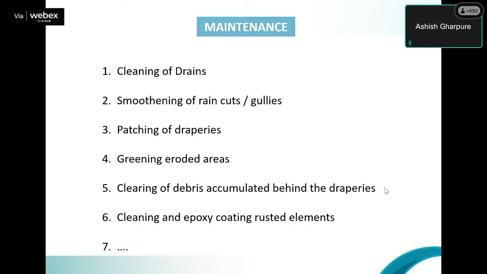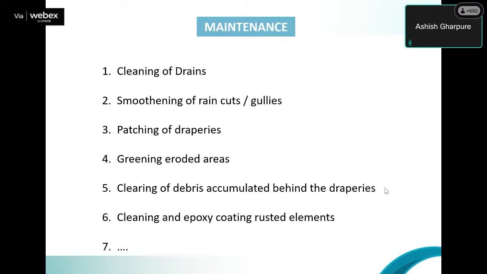Cleaning, very simple, cleaning of drains, smoothing of rain cuts and gullies, vegetating them if possible, patching up draperies. Sometimes the rock has fallen out and the draperies are open, so you close them. Greening eroded areas, clearing of debris accumulated behind the draperies, cleaning and epoxy coating rusted elements.